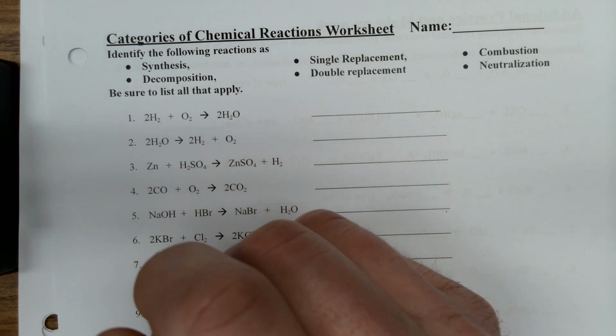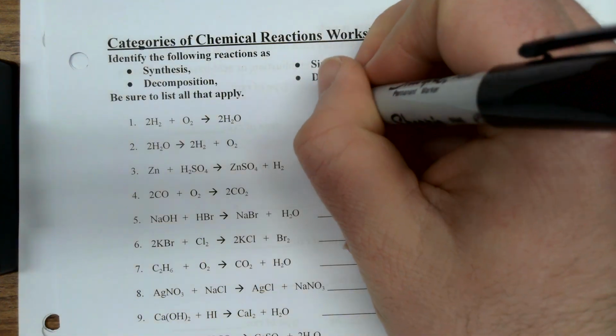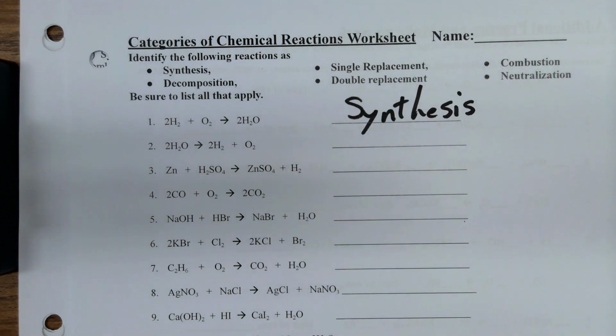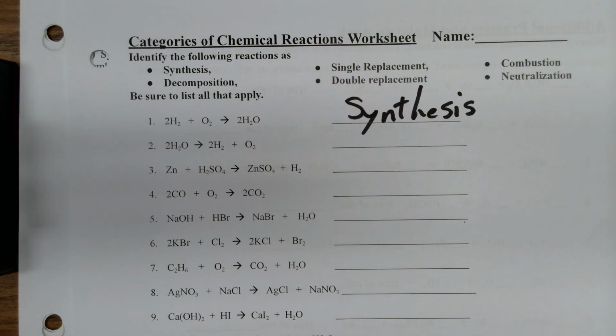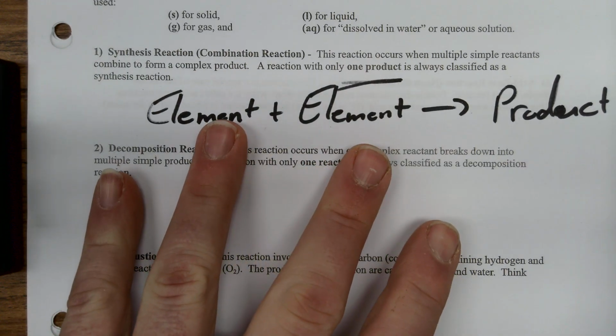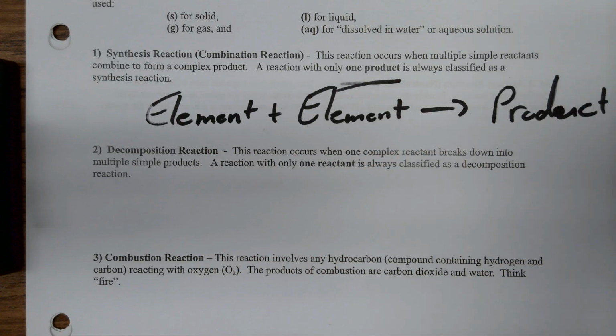Number 1 is a great example of a synthesis reaction. An element and an element form a product. Very similar to what my skeleton is. One element plus another element gives me one product.